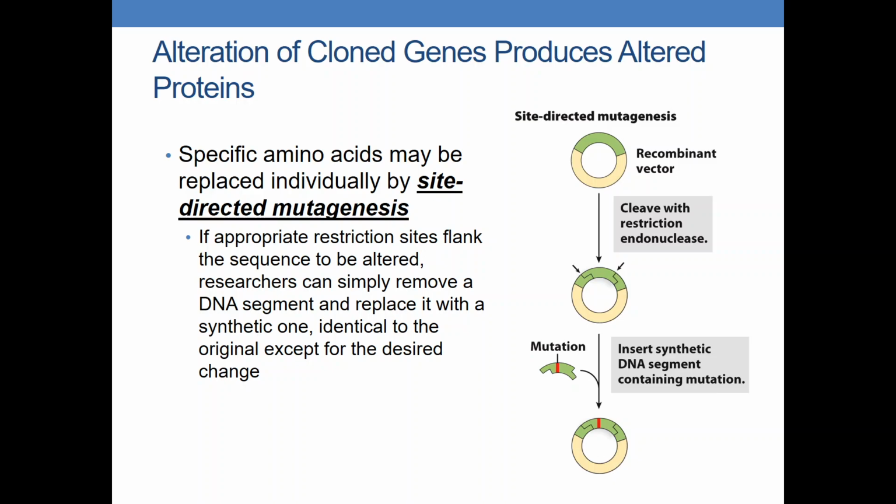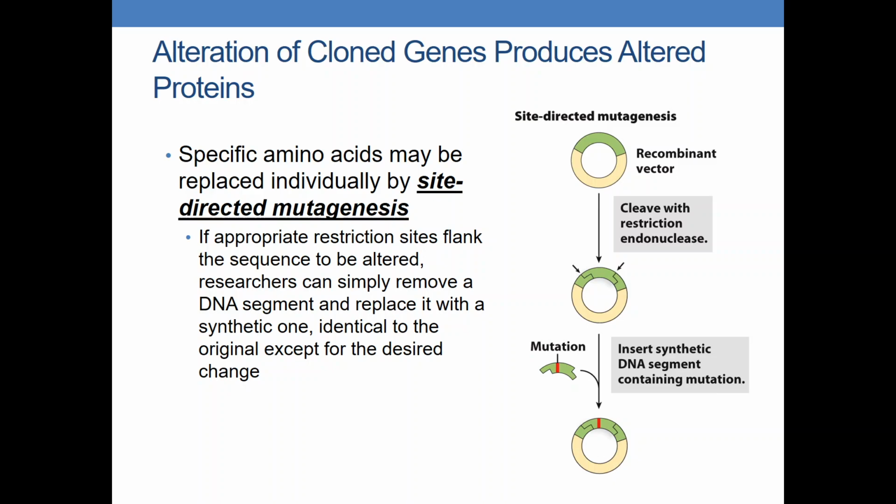So everything we've talked about implied that I was inserting a wild type, normal, non-modified gene of interest into a vector to generate my plasmid. Sometimes I might want to alter certain amino acids or certain regions of my resulting induced protein downstream.